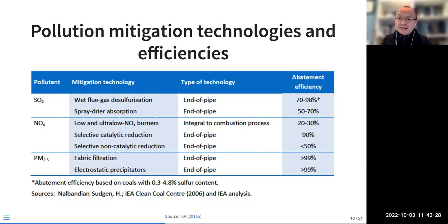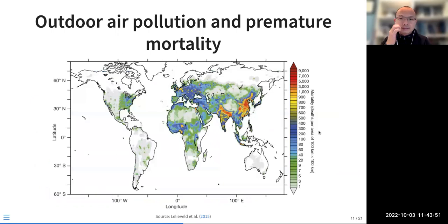It adds some costs, but the benefits outweigh the costs. There is a lot of research on that, and it depends on how you value the human health impact, really. So air pollution really contributes to premature mortality.